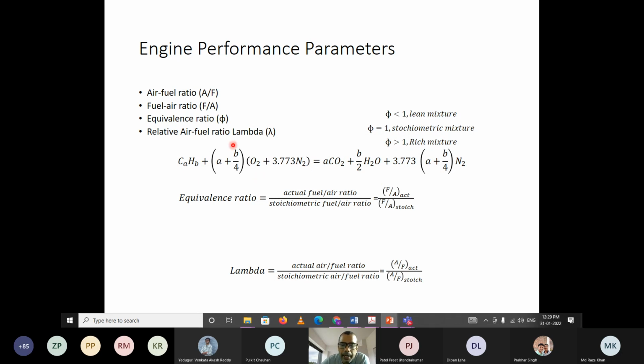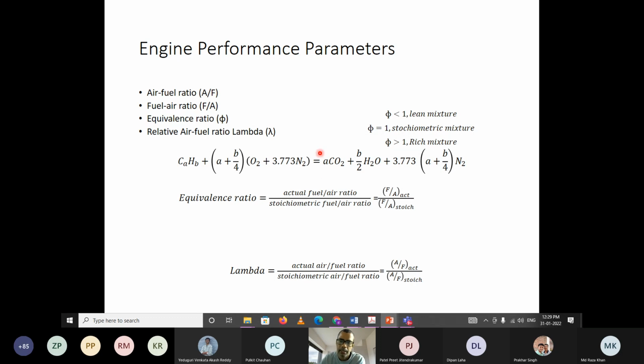It's the ideal combustion equation, where the fuel completely combusts in the presence of air and gives carbon dioxide, water and nitrogen. In reality, it is not going to happen like that.